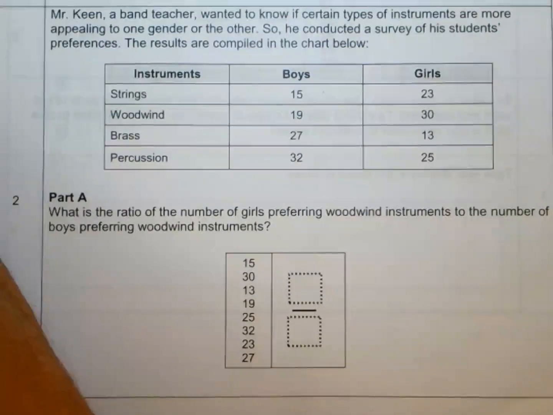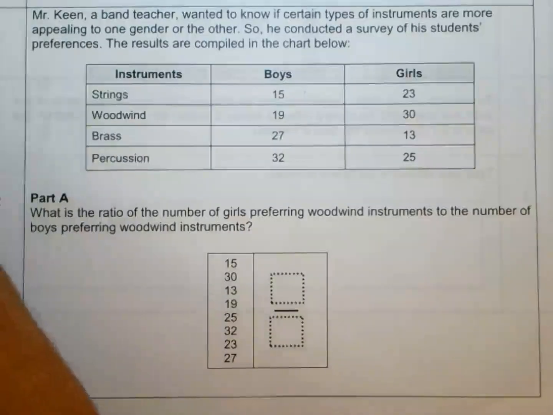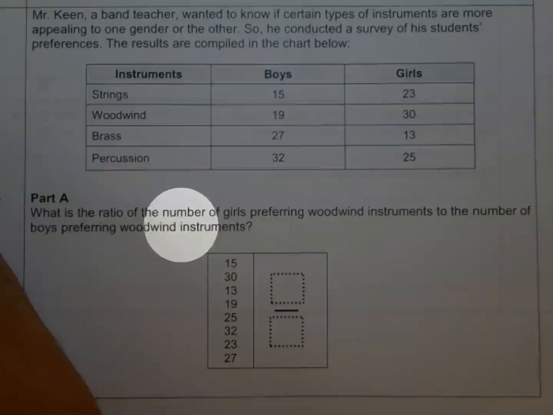Part A is: what is the ratio of the number of girls preferring woodwind instruments to the number of boys preferring woodwind instruments.